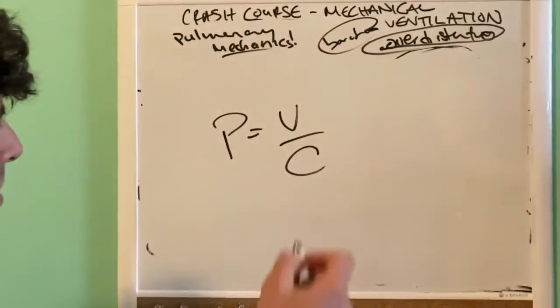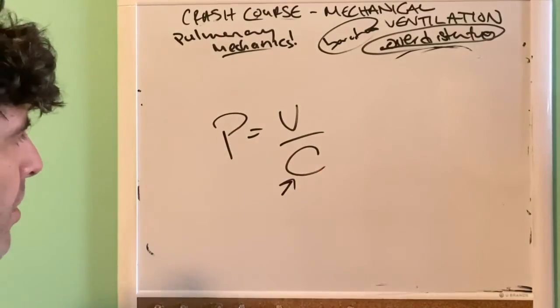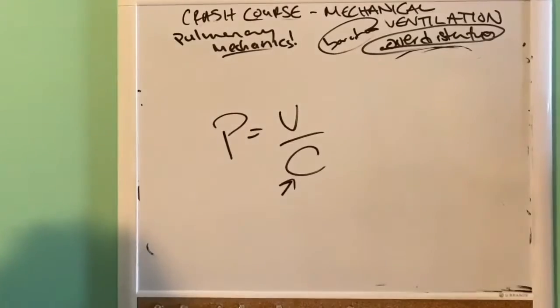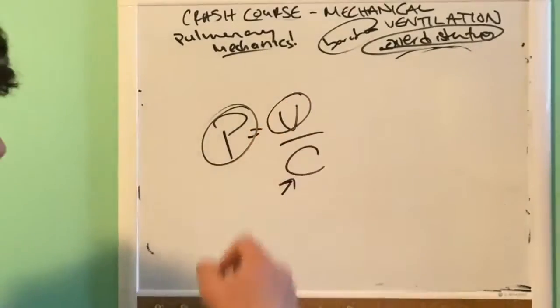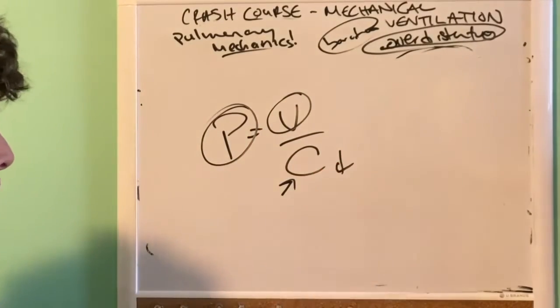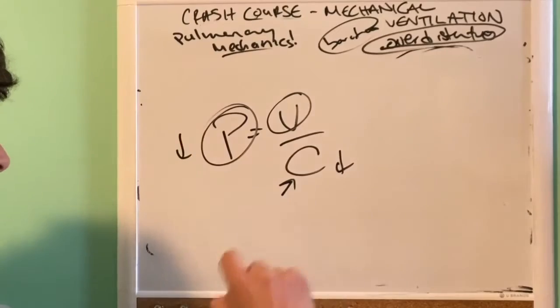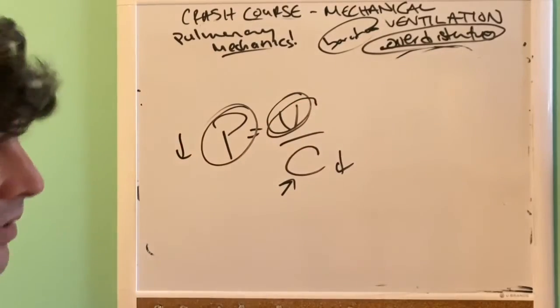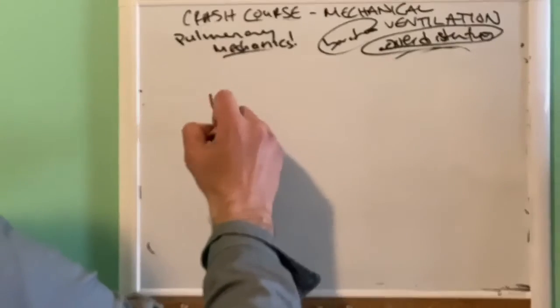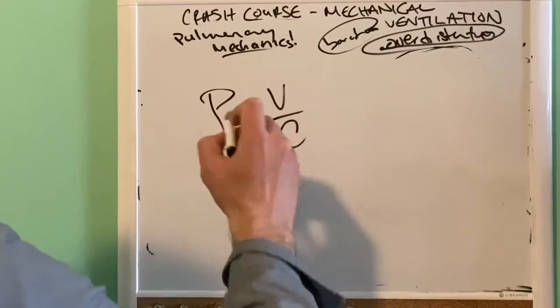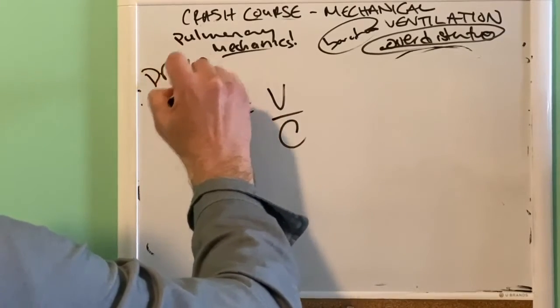For a patient in a low compliance stage, essentially you're asking how much pressure they are going to need to achieve a certain volume. And obviously if your compliance is lower, then your pressure needs to be higher to achieve a certain volume. So if we want to talk about pressures, we talk about driving pressure to develop this kind of concept.